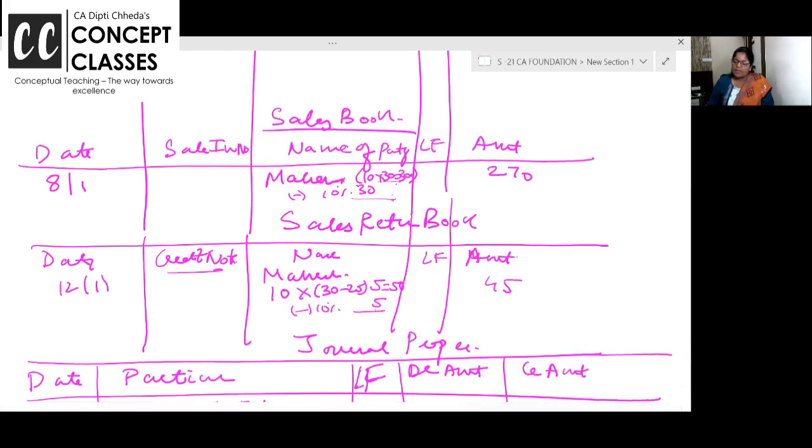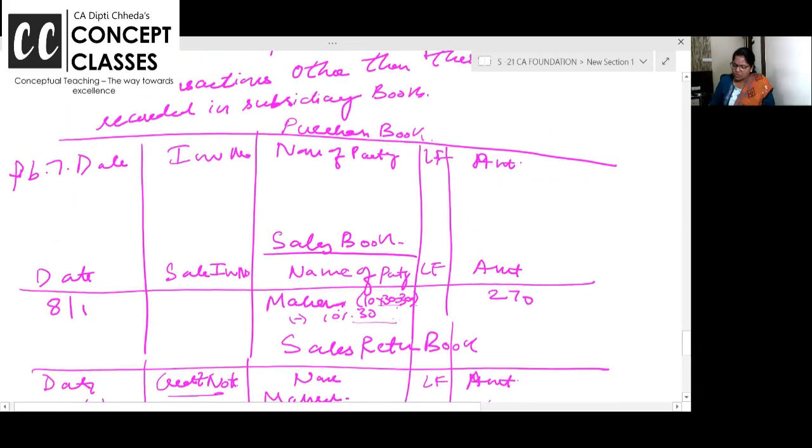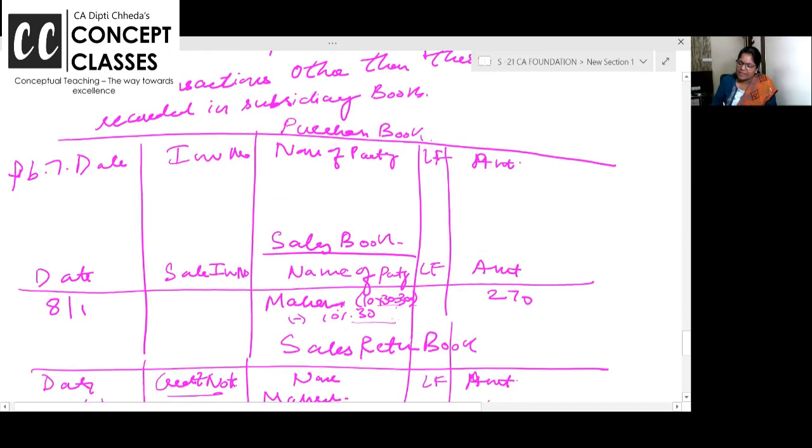Next, settled Kishore's account to the extent of 1000 and he allowed discount. Okay, this transaction will be recorded in the cash book. Cash book, we are not learning now. Purchase the goods from Kishore. Come to the purchase subsidiary book. 25th of January.